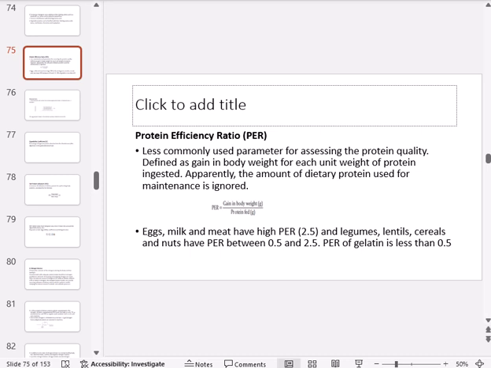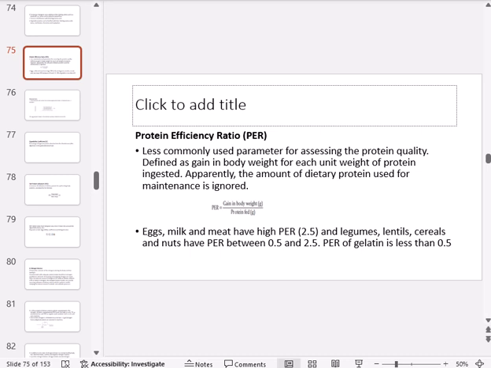It is a less commonly used parameter for assessing protein quality, and by definition you can say it is the gain in body weight for each unit weight of protein ingested.